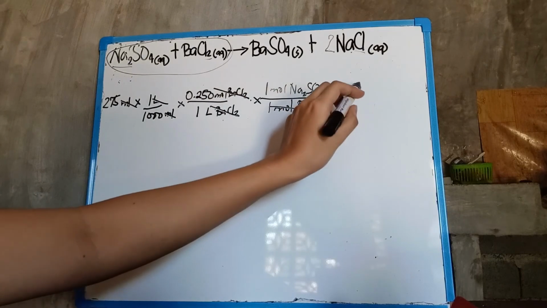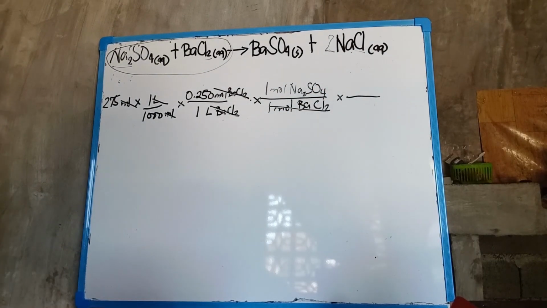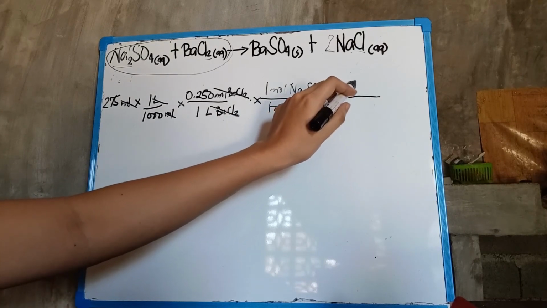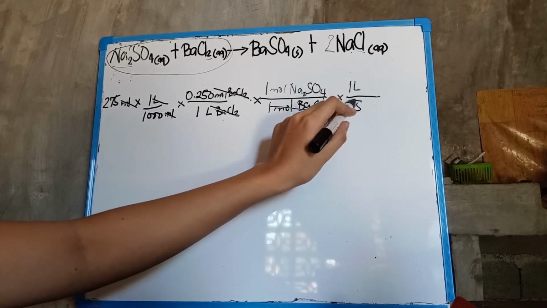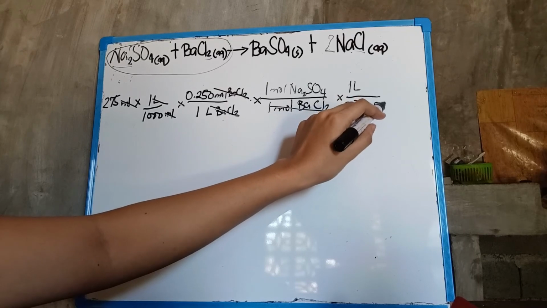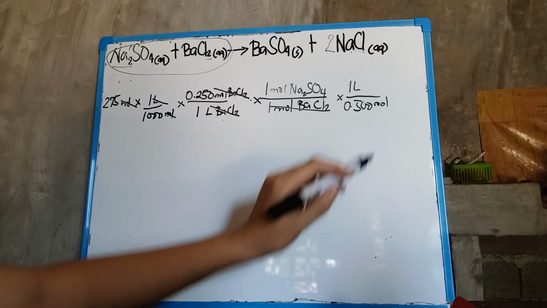Since our sodium sulfate molarity is 0.500, so 1 liter over 0.500 mole. So the mole cancels out.